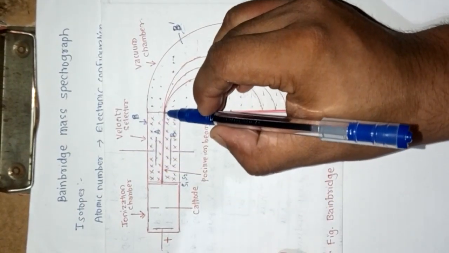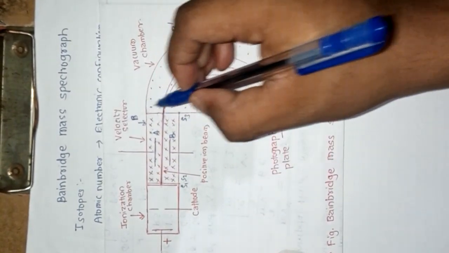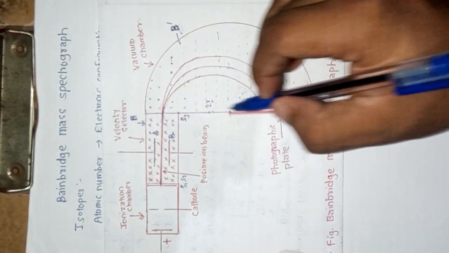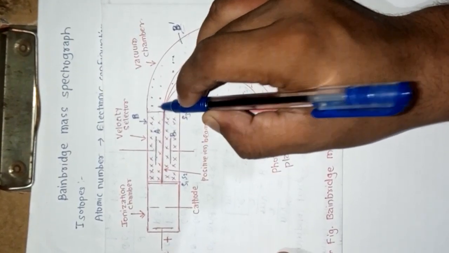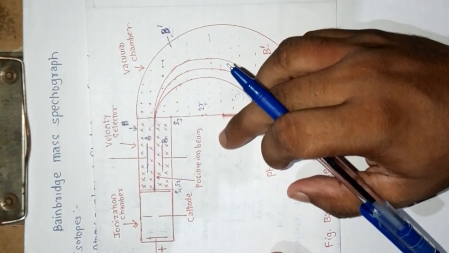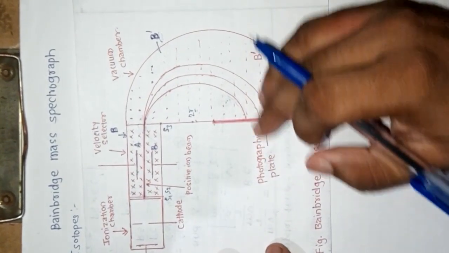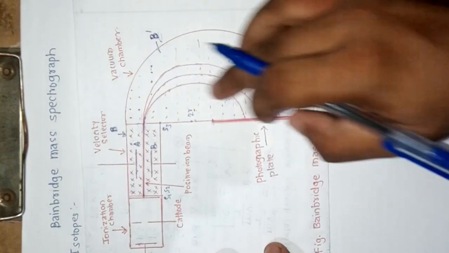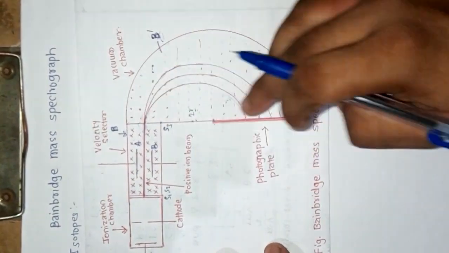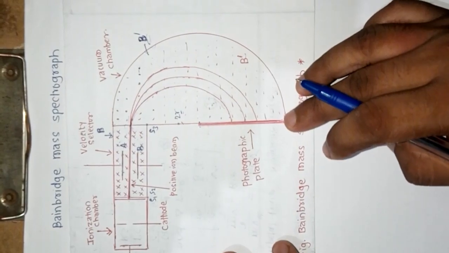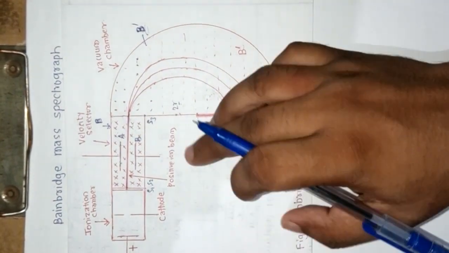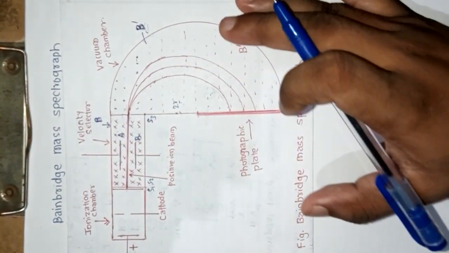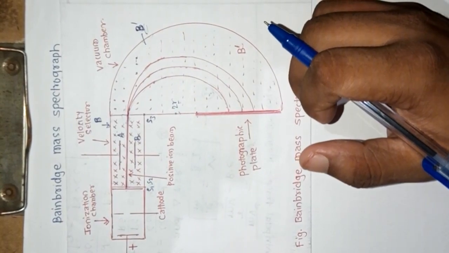After passing through S3, the beam comes under the influence of the magnetic field, which is normal to this incident beam of ions. And then, in the path of this beam, a photographic plate is there. So this is all about the construction of the Bainbridge mass spectrograph or Bainbridge mass spectrometer. Now let's move on towards its working part.